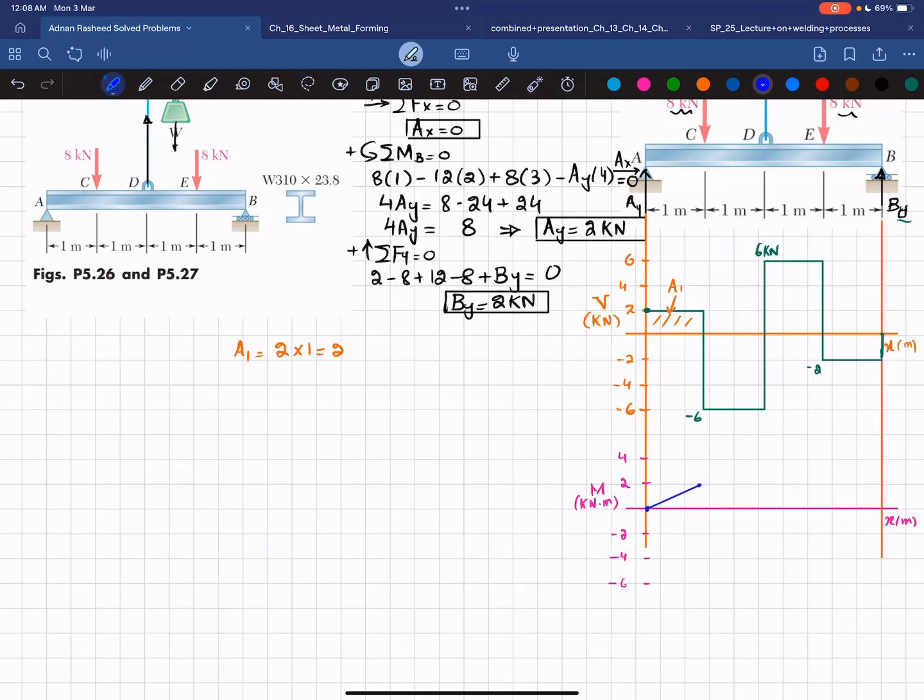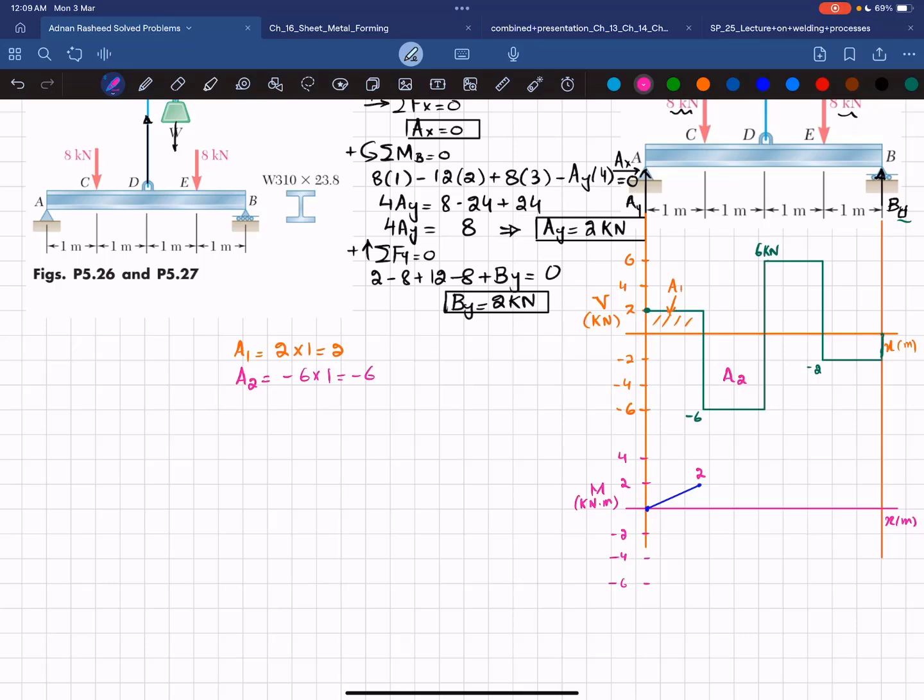Now the second area is this area which is equal to A2, and this A2 you can see is equal to this height which is -6 multiplied by length 1. So -6 multiplied by 1 will give you -6. Okay, so here we have 2 kilonewton. So 2 minus 6 will give you -4.